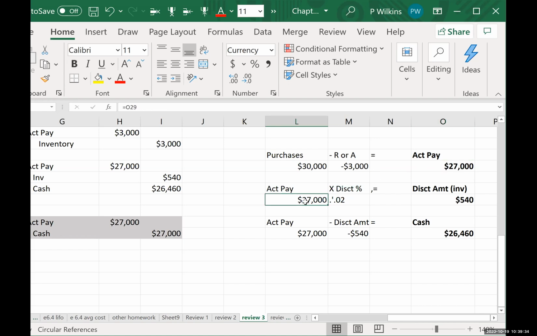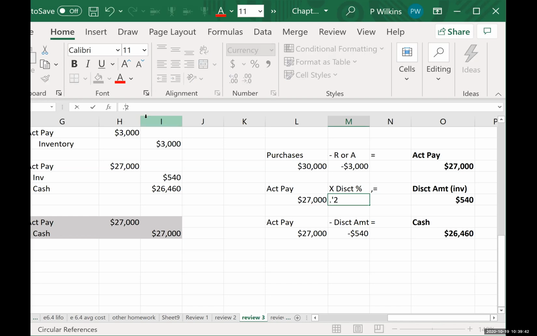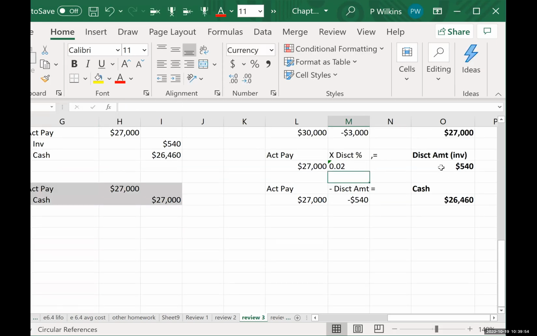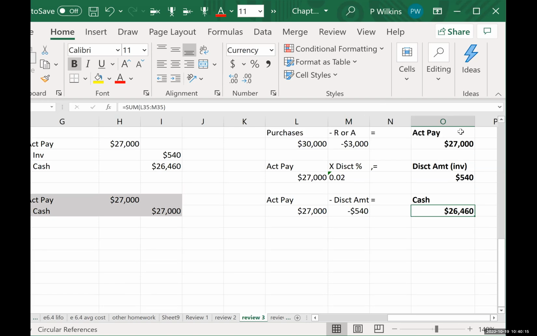We take that accounts payable number of $27,000 times the discount percentage of 2%, and that gives us a discount dollar amount of $540. So we take the accounts payable amount of $27,000, subtract the discount dollar amount of $540, and that means we're paying $26,460 in cash.